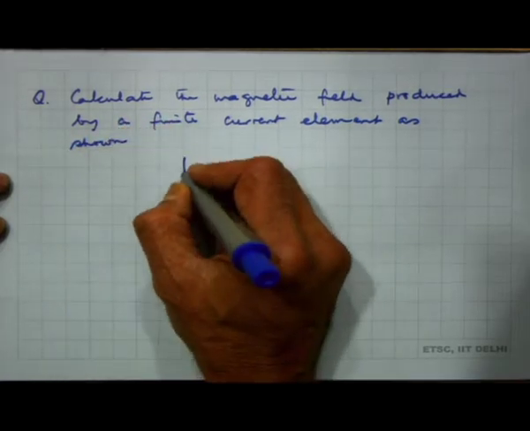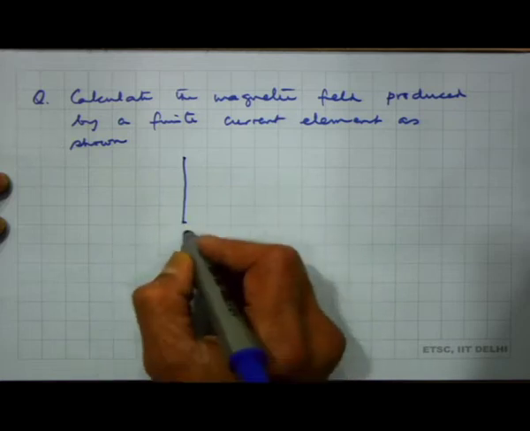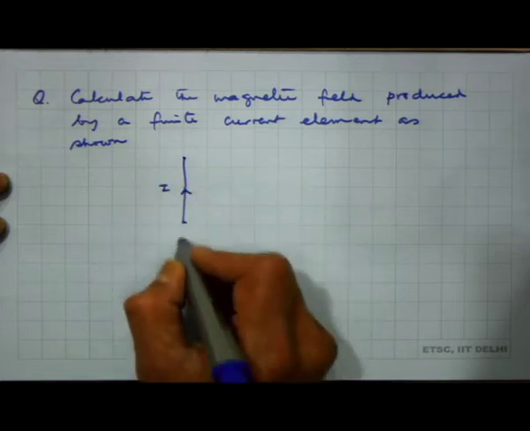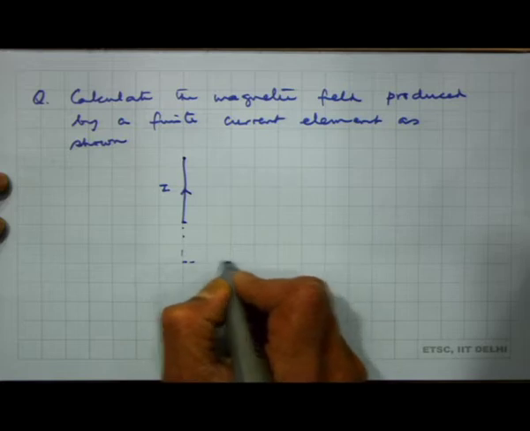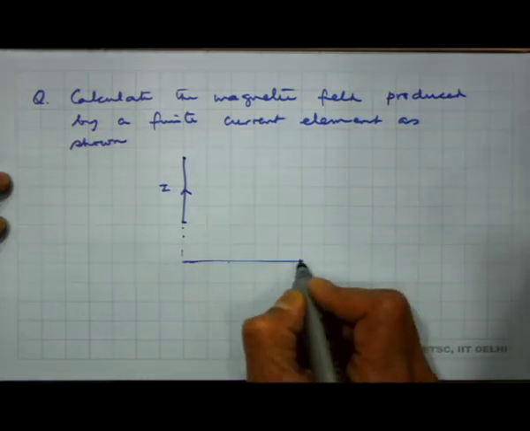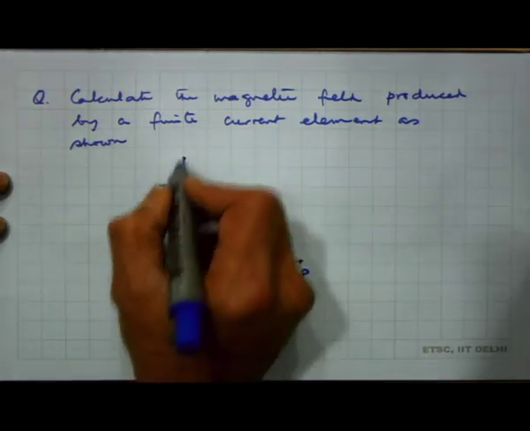So, I have an element of current. This current is I here, and I want to calculate the magnetic field at some point P here due to this current element.